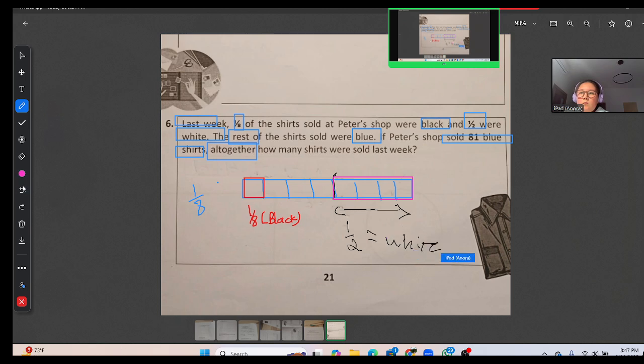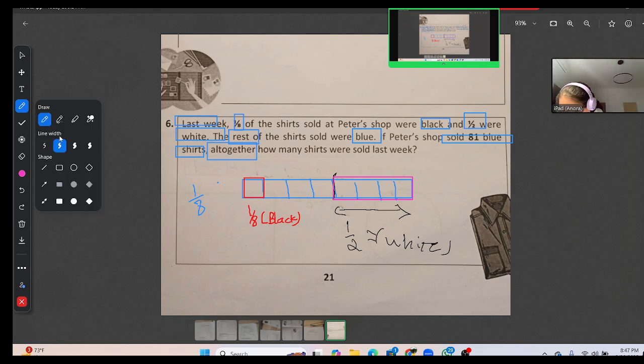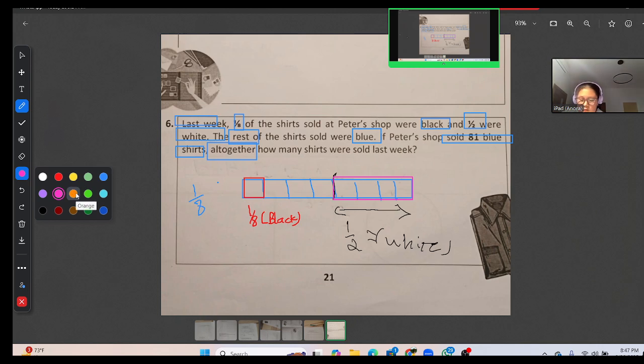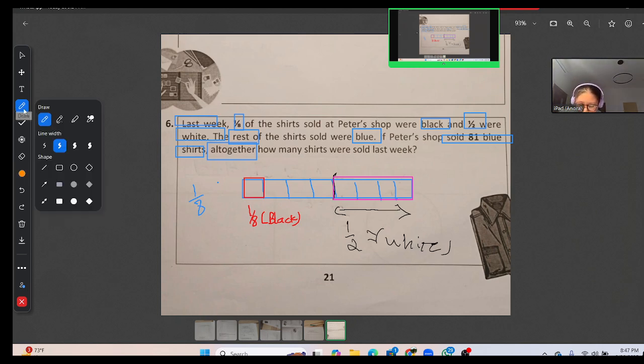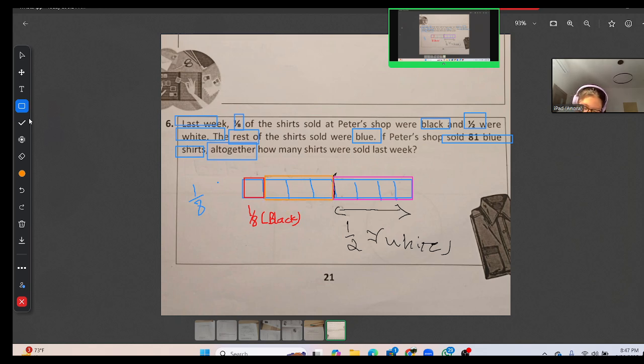Very good. One half is white, and the rest of the shirts were blue. That means these are blue. How many are blue? 3/8. So we can write 3/8 here.